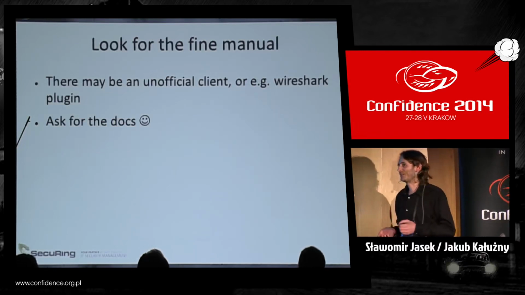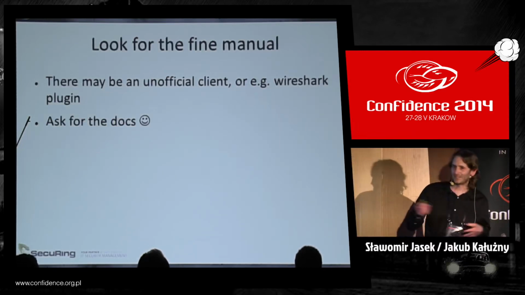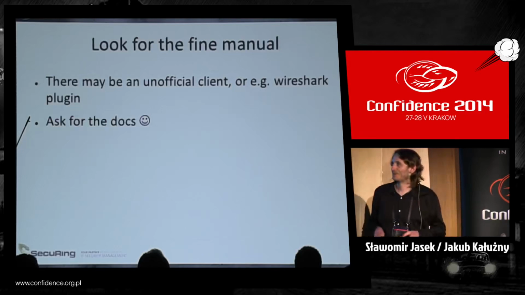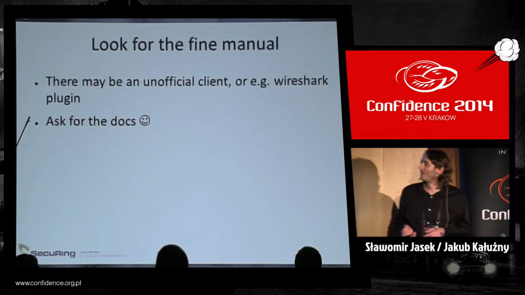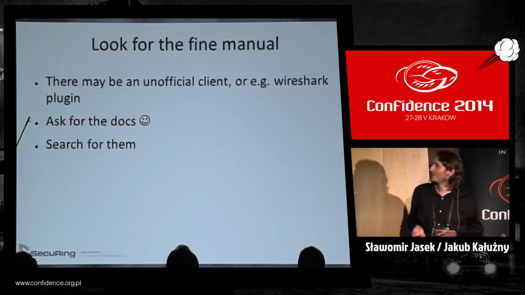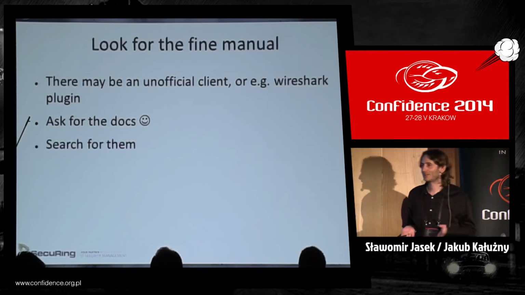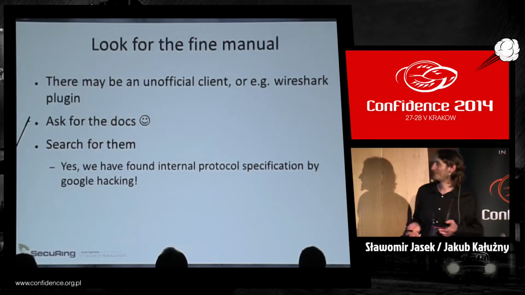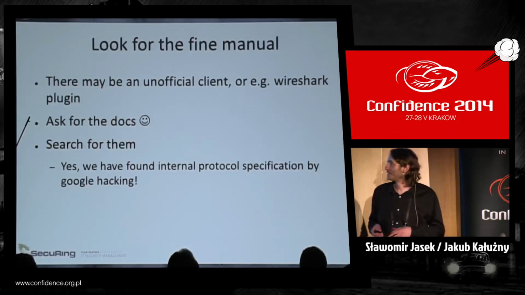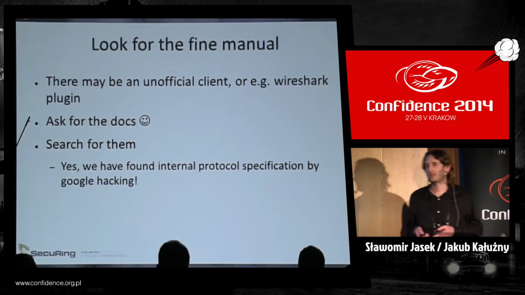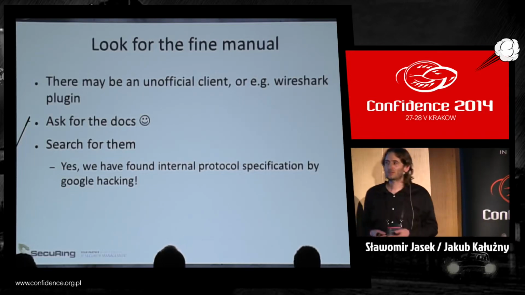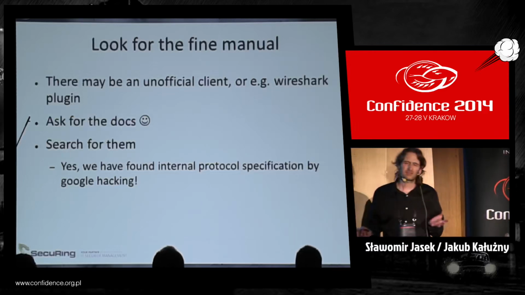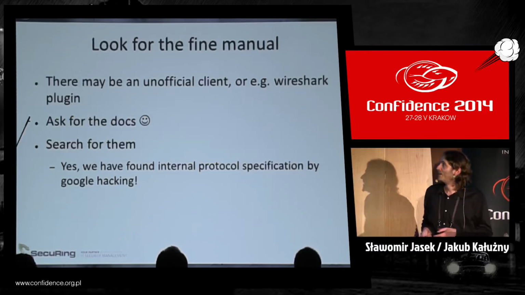It did work a few times. Social engineering of, for example, service help and so on. And you can search for the documentation. And yes, we did find an internal protocol specification by Google hacking, simply on the website for the developers of that company.